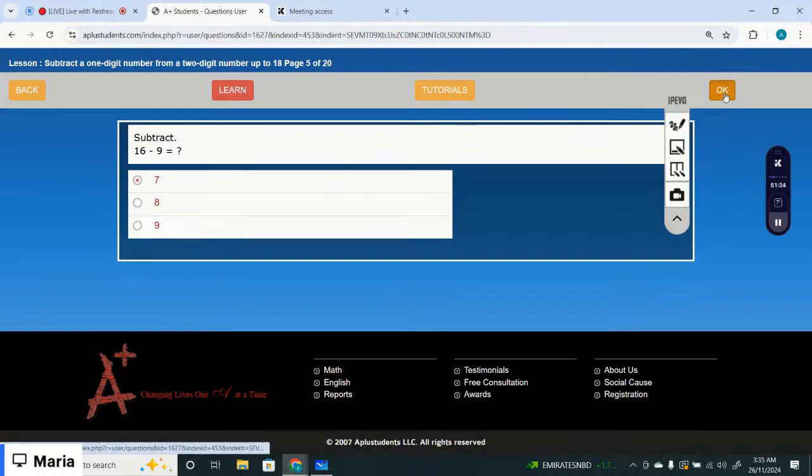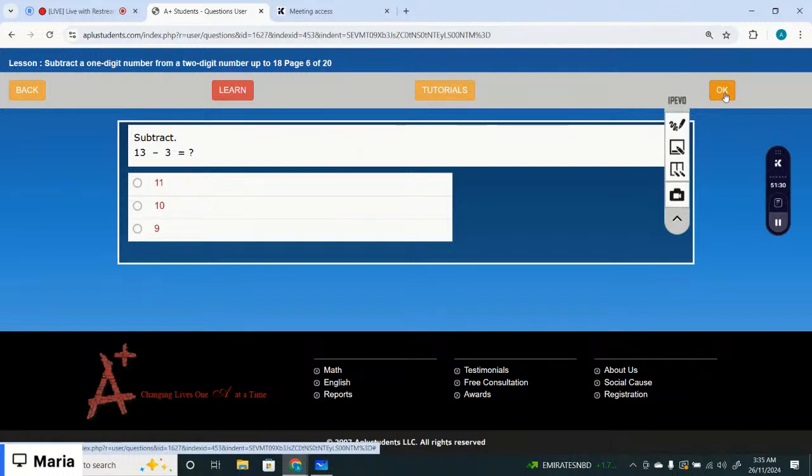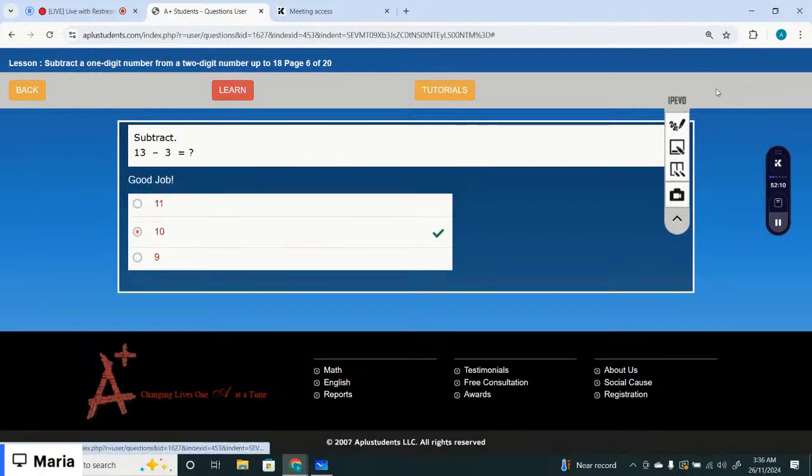Option number 1 is the correct option. 16 take away 9 is 7. 13 take away 3, which is the correct option? 10 it is. Option number 2 is the correct option. 13 take away 3 is 10.